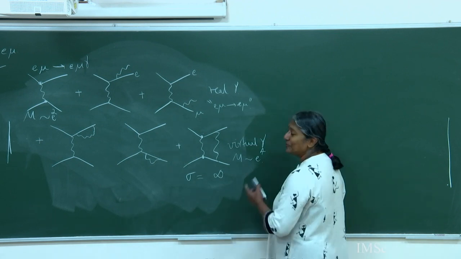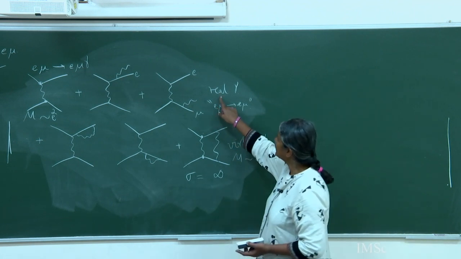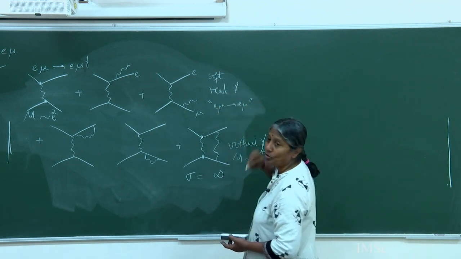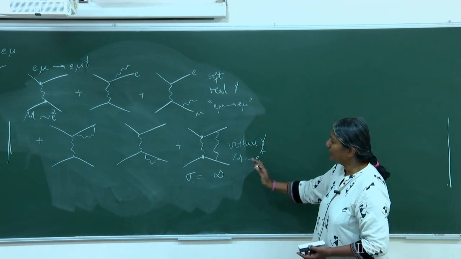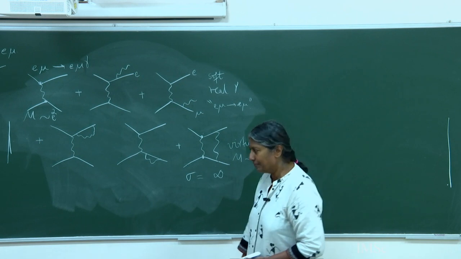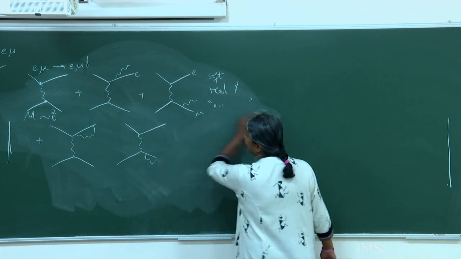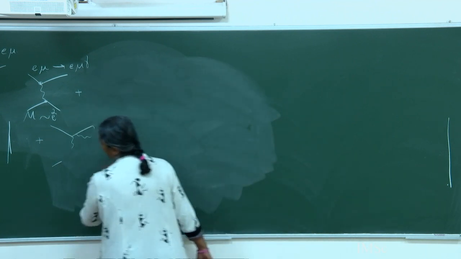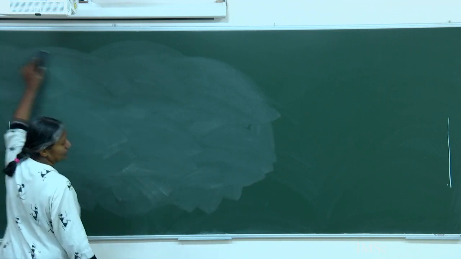Actually both contributions will be there: this virtual contribution and this real contribution when the photon momentum is very soft, very low. So there is a soft real photon and a virtual photon contribution, and they add in certain surprising ways, and they enable you to get a nice finite, well-behaved answer. I am not going to say anything more than this. This is not part of my course.